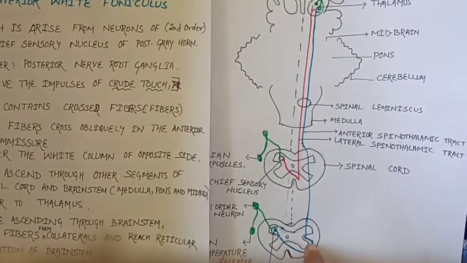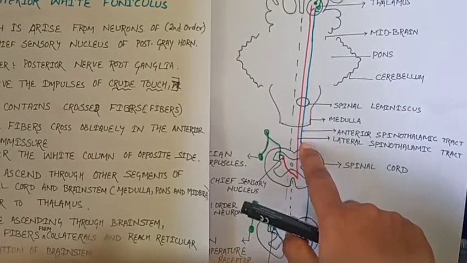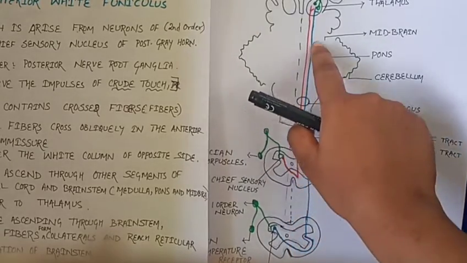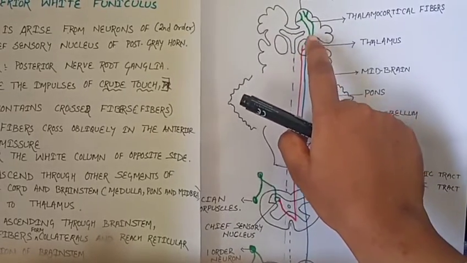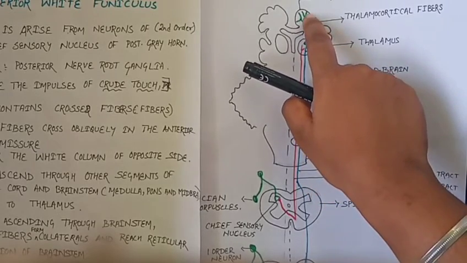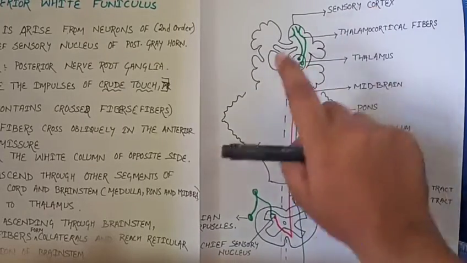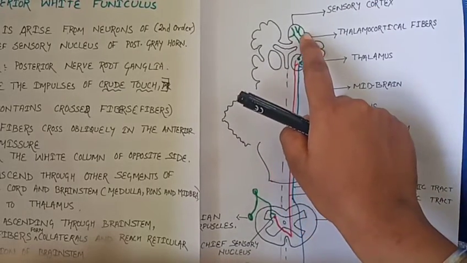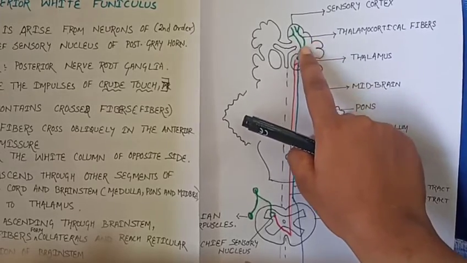After that it crosses obliquely and passes in the anterior part of the white column, then enters the thalamus. Here it synapses and some fibers arise and enter the somatosensory area of the cortex. This area is known as the somatosensory area, and these fibers are third order neuron fibers.